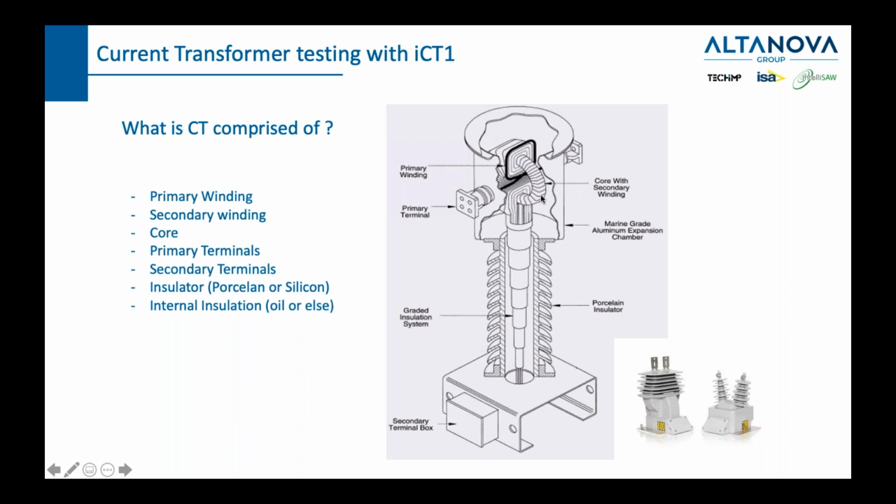You can see here the secondary winding. Then we have a porcelain insulator, graded insulation system, and here we connect our protective relays or energy meters. This is where we connect with copper wires, which then run all the way to the substation. This is one of your typical examples of a current transformer.